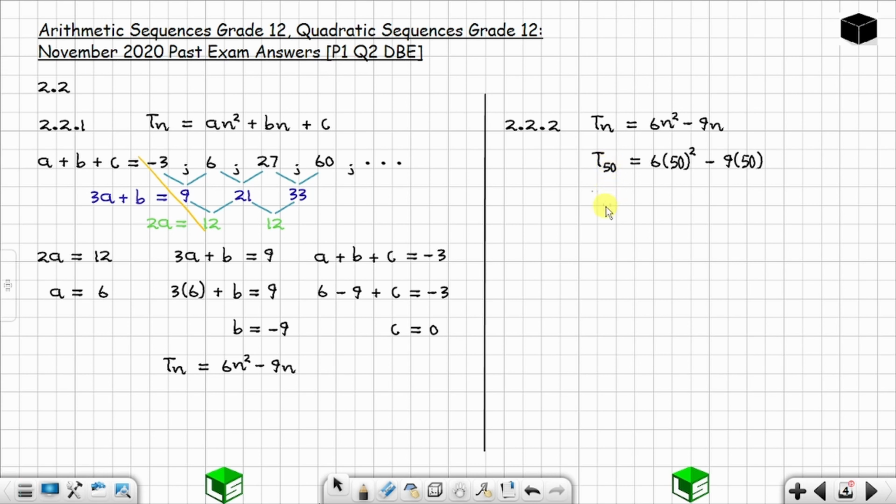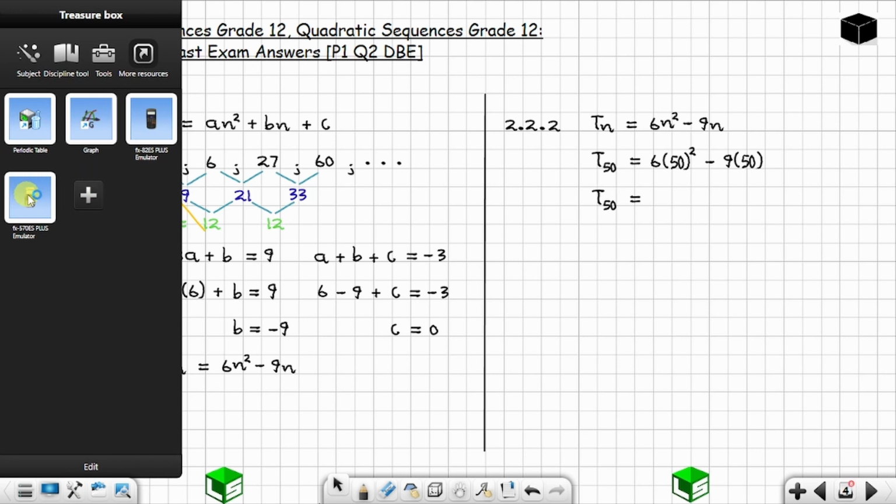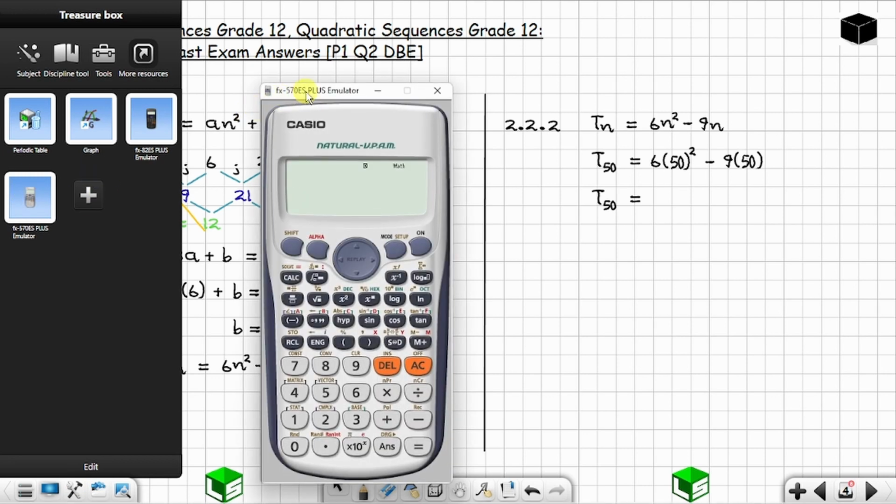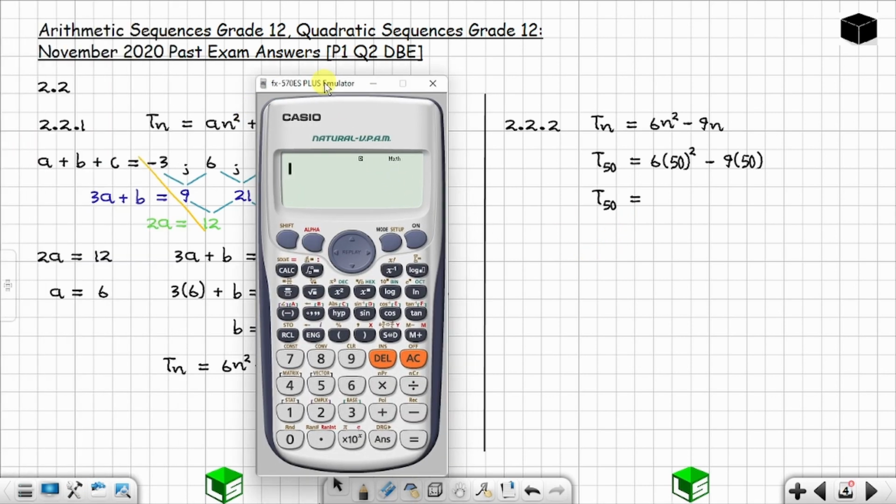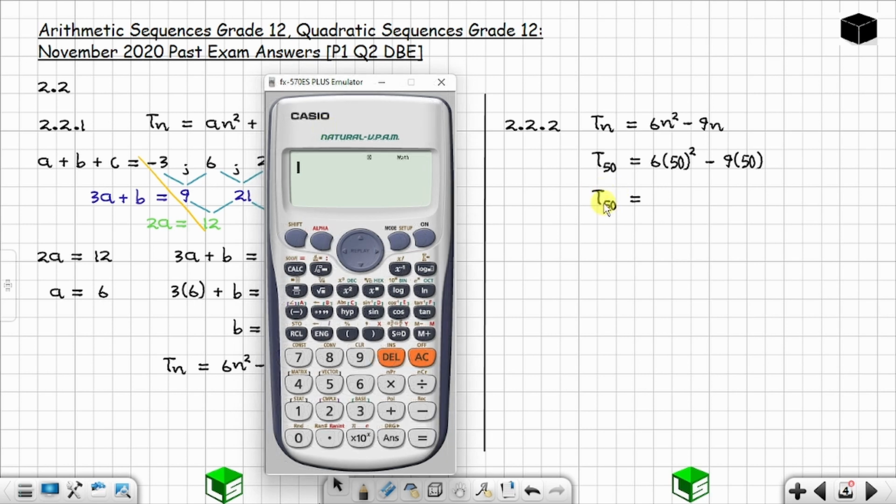And so T50 is equal to, now from here you need to use your calculator. I'm going to use my emulator. If you want it on your PC, just check in the playlist, the one saying educational software. So let's get T50.